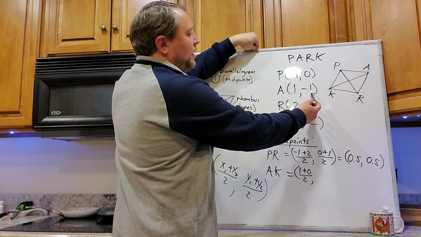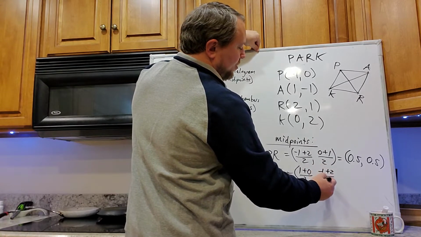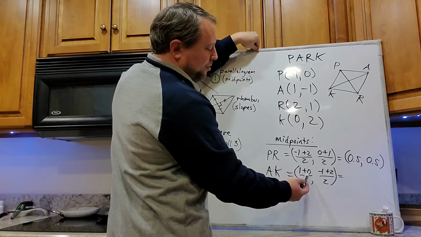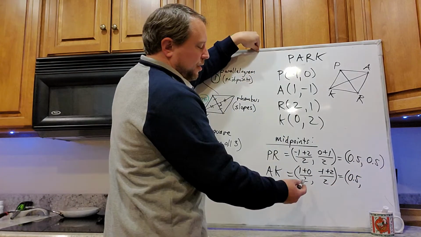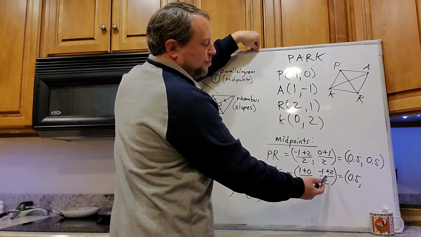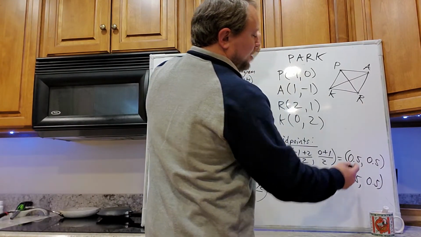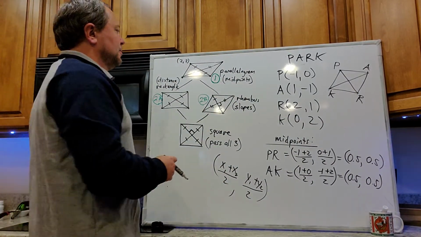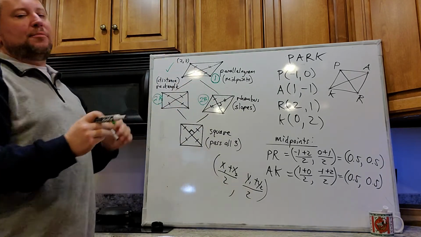For my Y values, -1 and 2 is what I want to average together. All right, 1 plus 0 is 1. Divided by 2 is 1/2. -1 plus 2 is +1. 1 divided by 2 is 1/2. So far, it has passed the midpoint test. Okay, so I could say that this is at least a parallelogram.